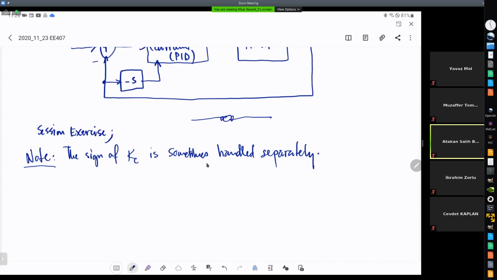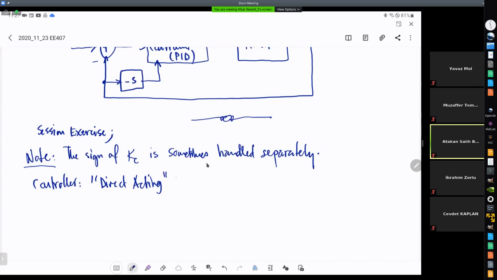For example, the controller software will not allow you to enter a negative proportional constant, but you need one. That means you will have a separate checkbox somewhere, and you will indicate that KC is positive or negative by calling it either direct acting or reverse acting controller. So it's a terminology for the controller.